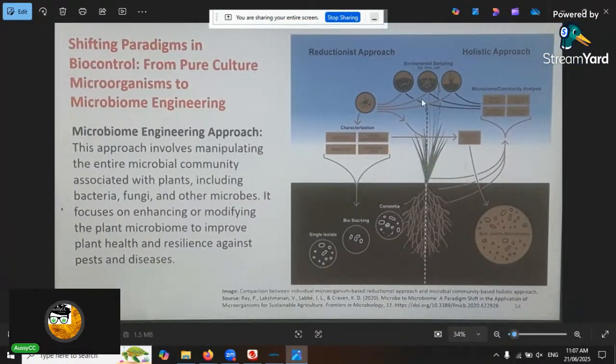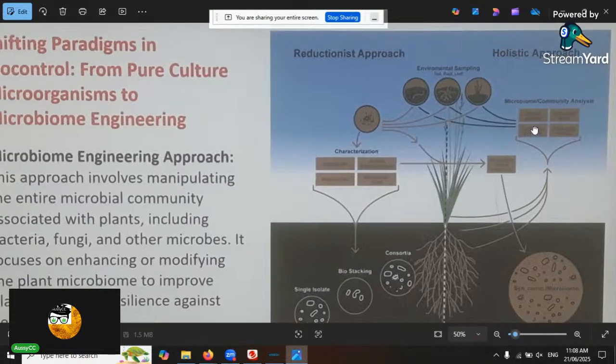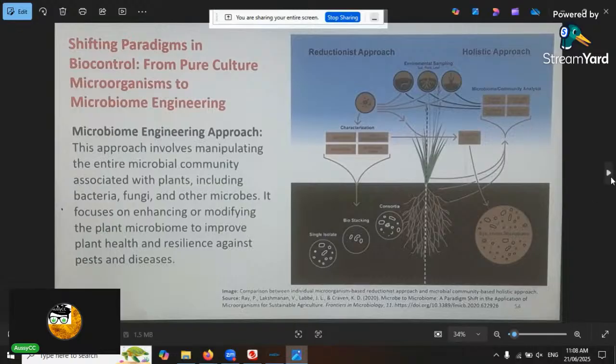What does the slide say? That's a comparison between the individual microorganisms-based reduction approach and the microbial community-based holistic approach. It's hard to read. It's a shame.